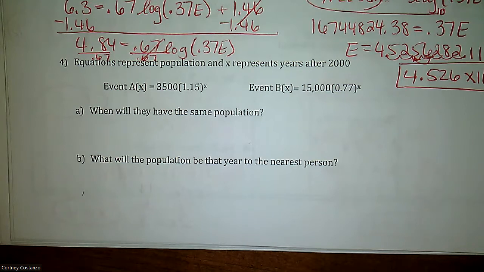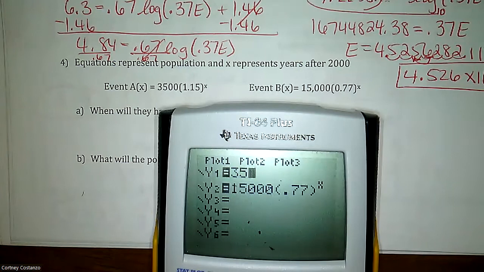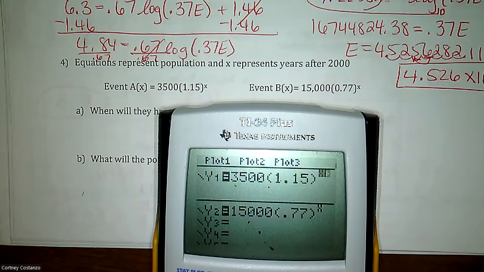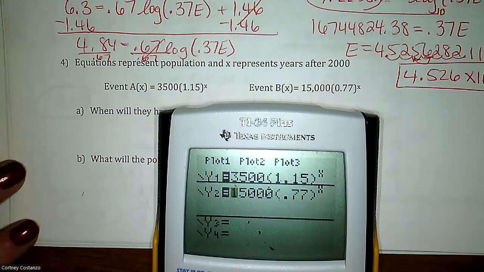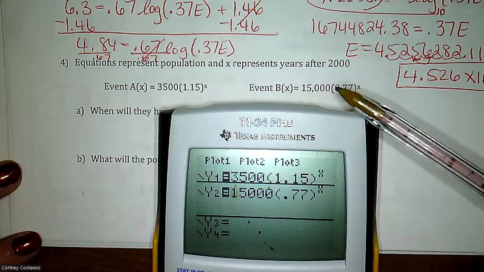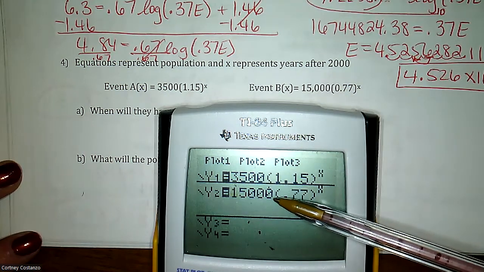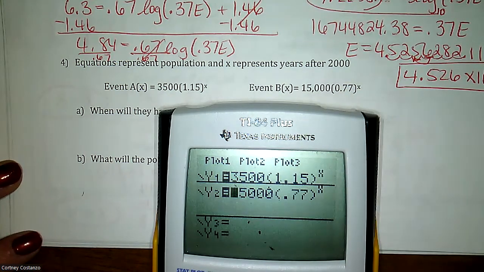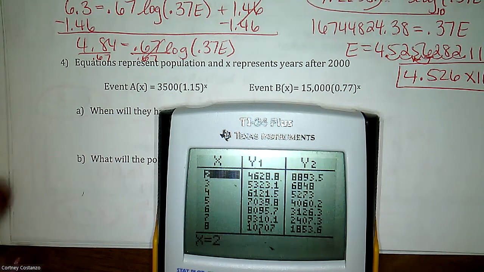So what I would like you to do is type in your equations in Y1 and Y2, like I have here. And let's think about this. We have one that's starting at 3,500 and going up. We have one that's starting at 15,000 and going down. If I go to my table of values, what I notice is we want to know when they're the same, right?